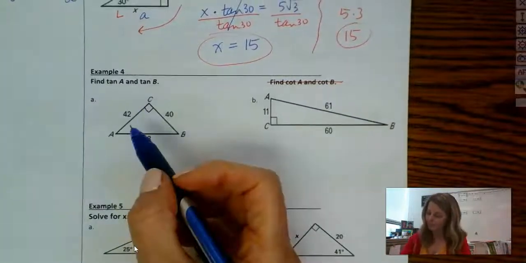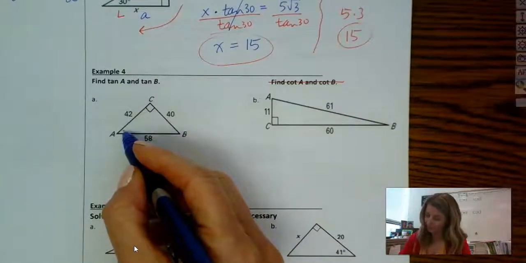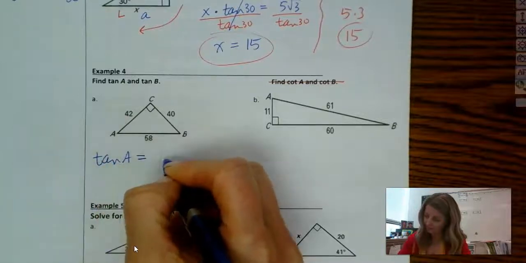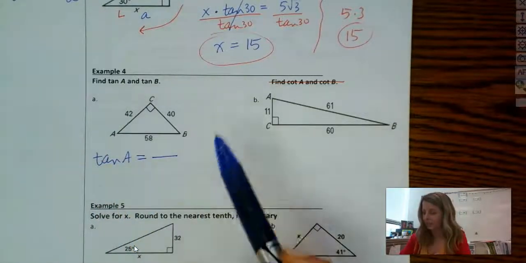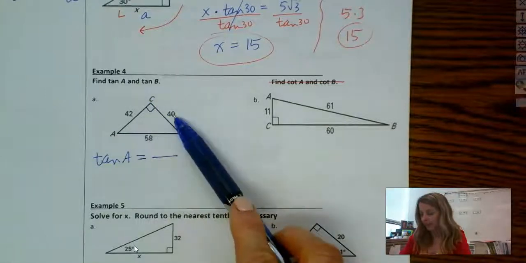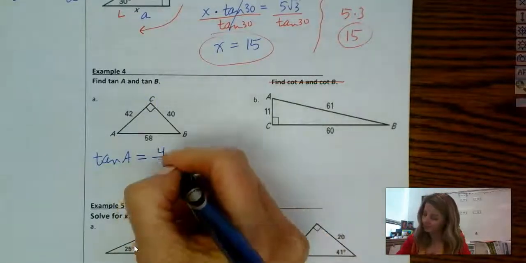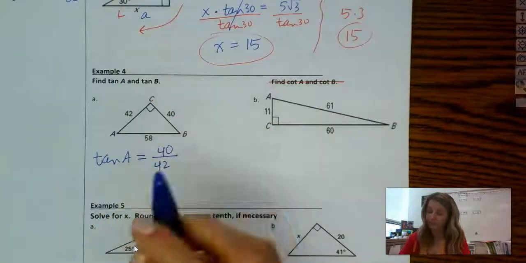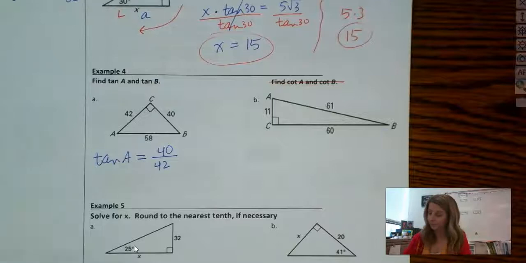All right, so tangent of A. So from A, let me start out my answer. The tangent of A equals, opposite of A is 40, adjacent leg to A is 42. 58 has nothing to do with tangent.